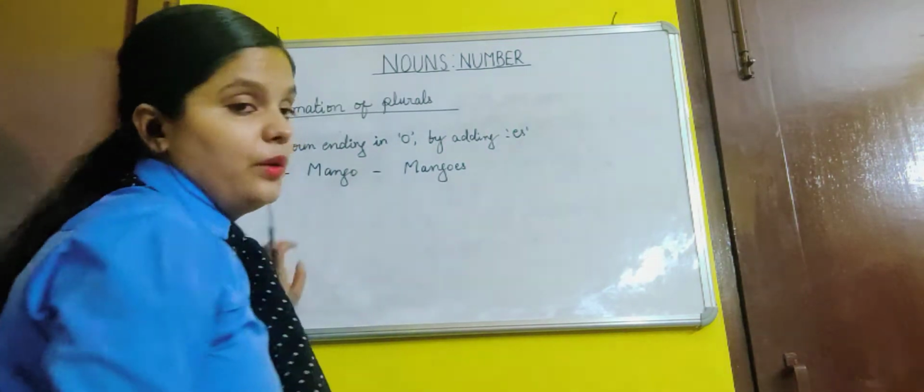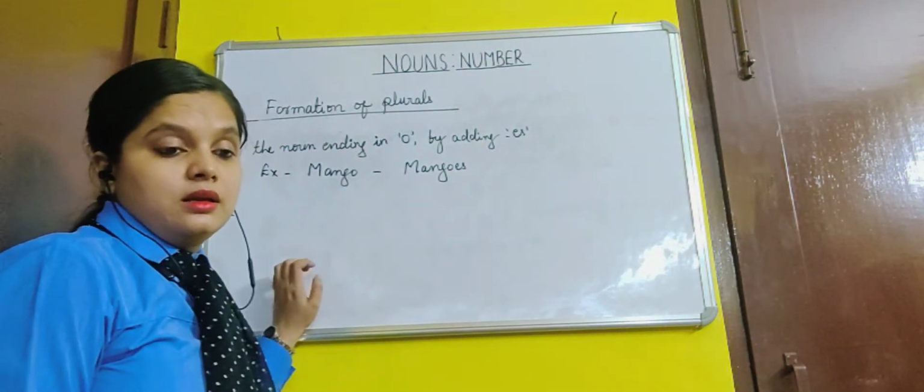If the noun is ending in f or fe, what will we do?